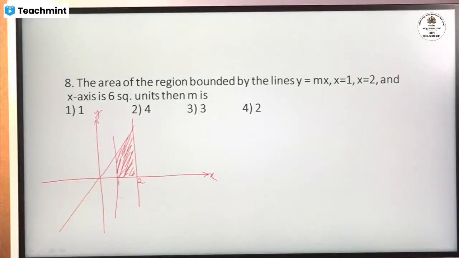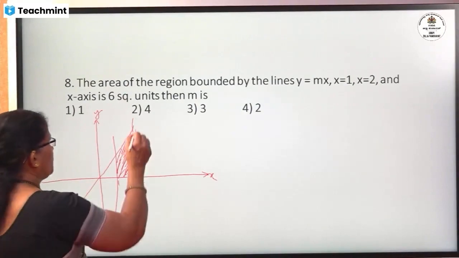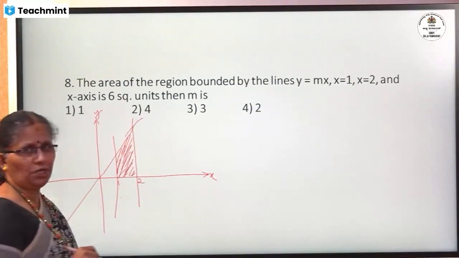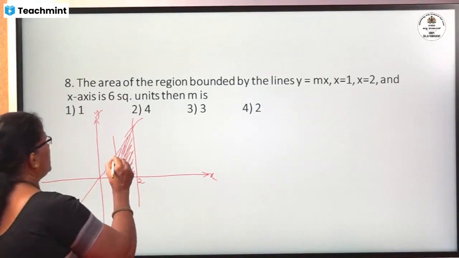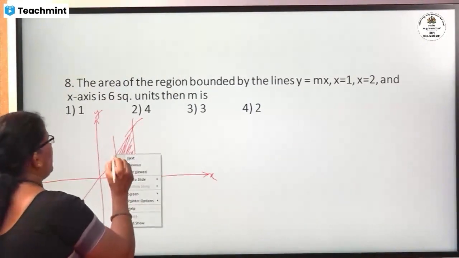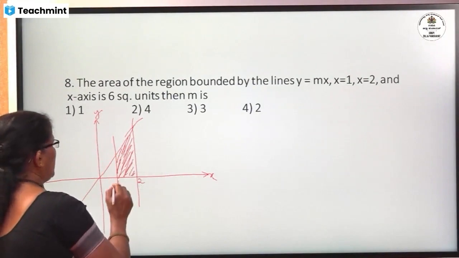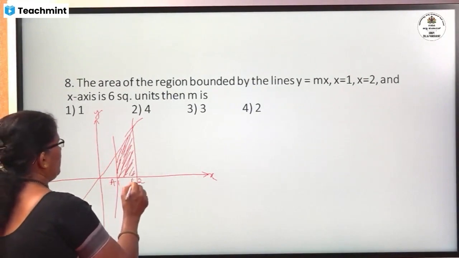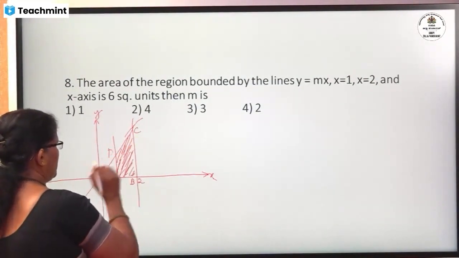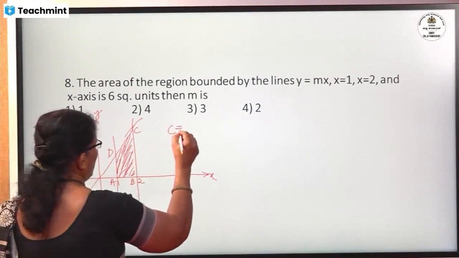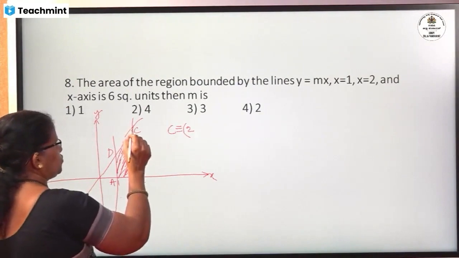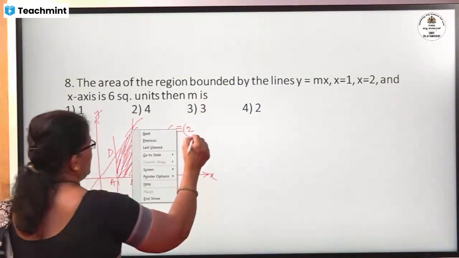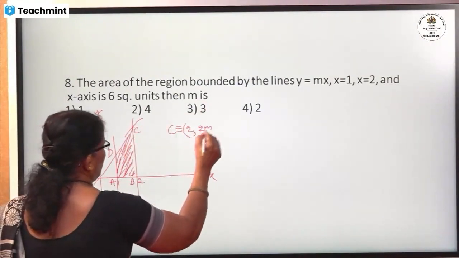But as such, you don't have to do integration here. You can use your earlier geometry that you have learned. Can you see that at this point x is 1, let me call it as say a, b, c, d. Can you see that on this point c, x is 2, y is mx, therefore can I say y is 2m?